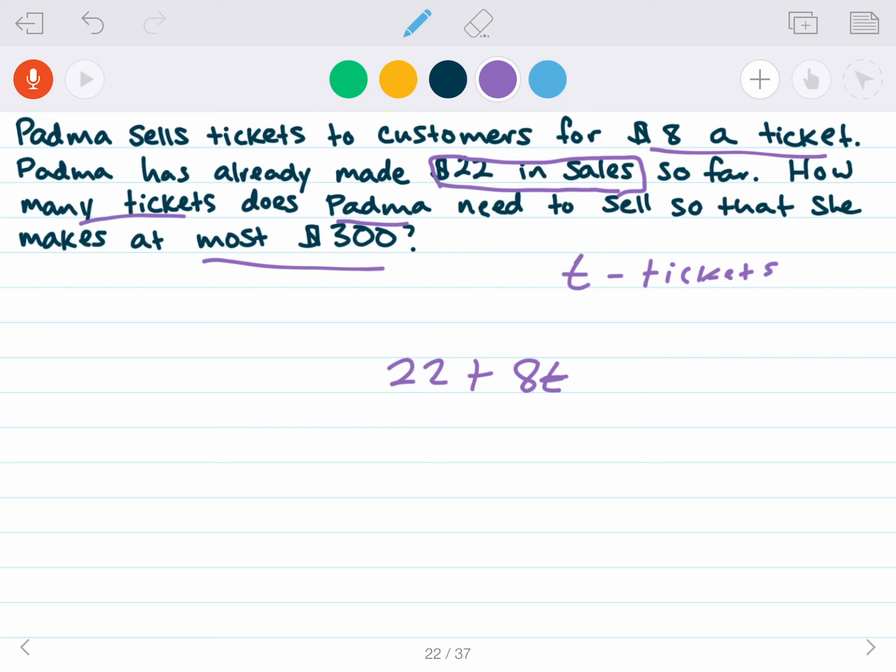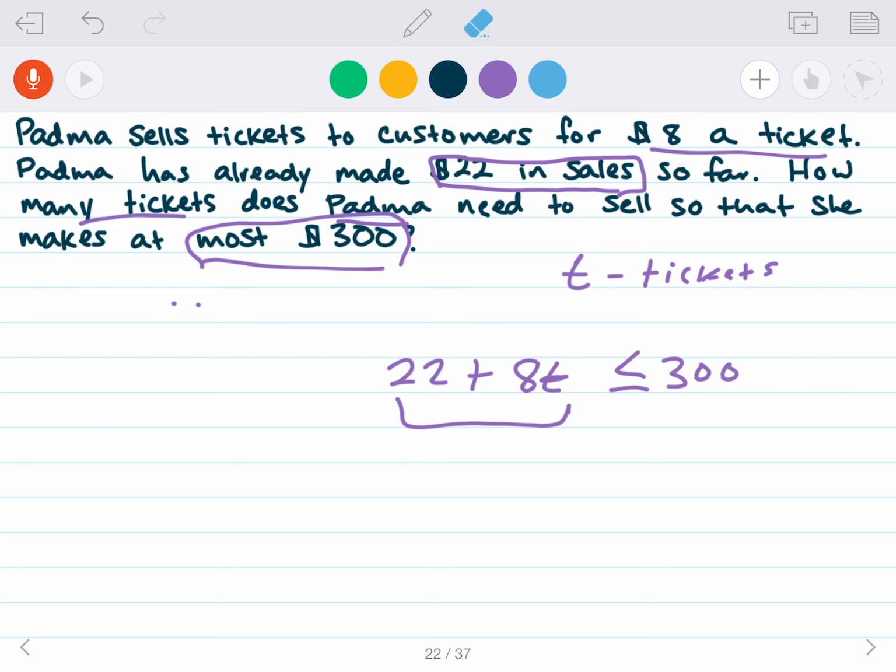What does at most mean in terms of inequality? So at the most 300, could it be 299? Yes. Could it be 298? Yes. Could it be 300? Yes. So we want this expression right here to be less than or equal to 300.